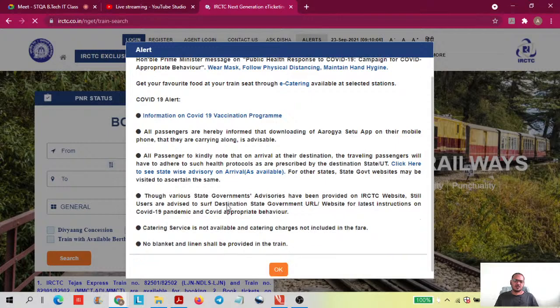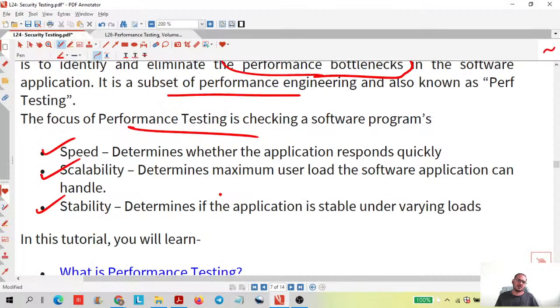In this way we need to calculate the speed, because there are some websites that take more time and you have to click continuously. Sometimes when you check your results, like in the JEE or any state CET after the 12th, lakhs of people log in at the same time, and then it won't respond quickly.